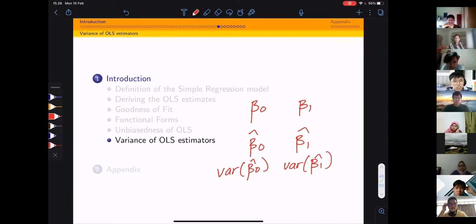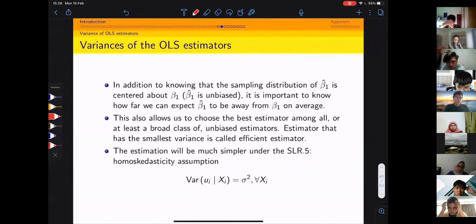The next discussion focuses on these. Why do we care? At the end of the day, we're going to do hypothesis testing, and for that we need to know not only the estimated coefficients but also their variances. That's why we need the variance of OLS estimators.